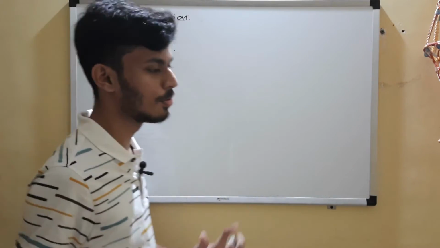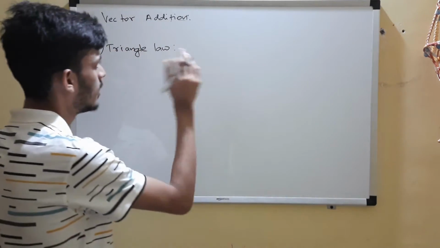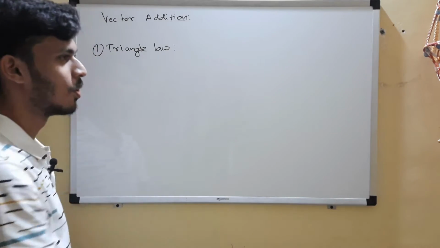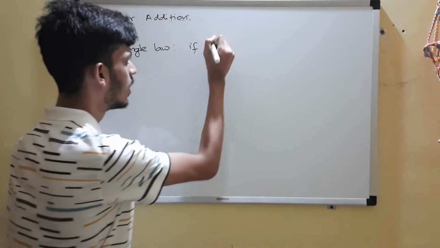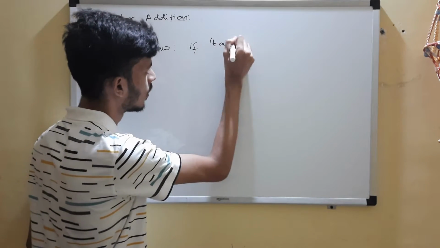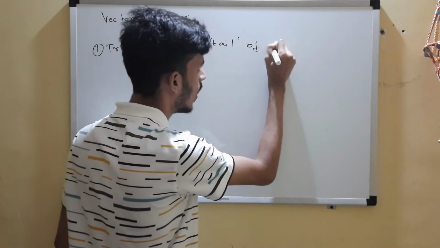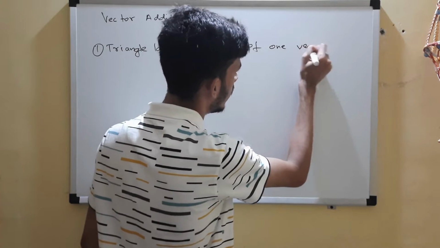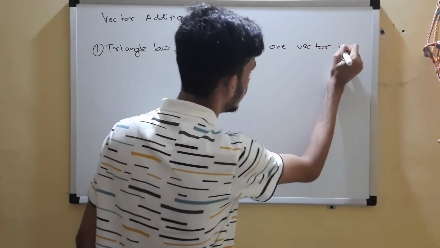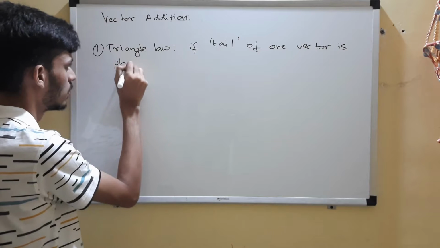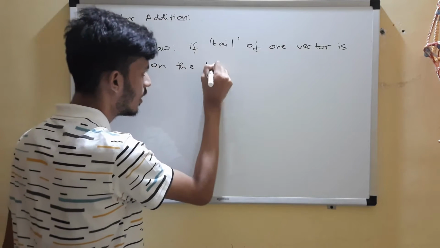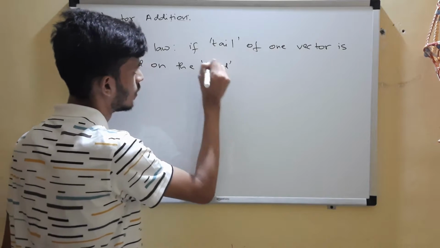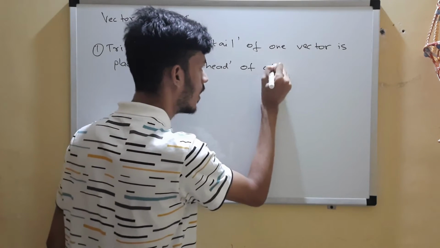First, coming to the triangle law, it states, and we won't go into the proofs of this, that if the tail of one vector is placed on the head of the other vector.